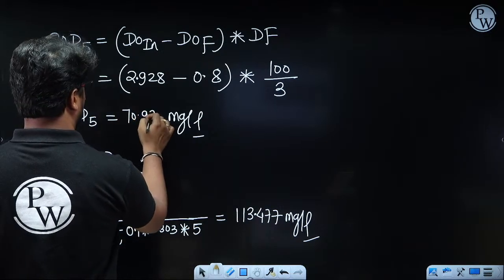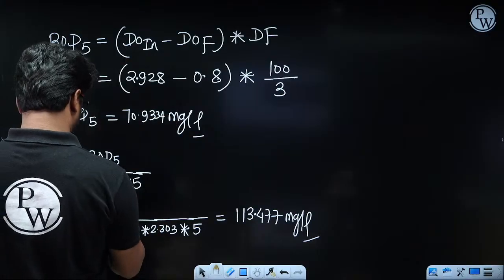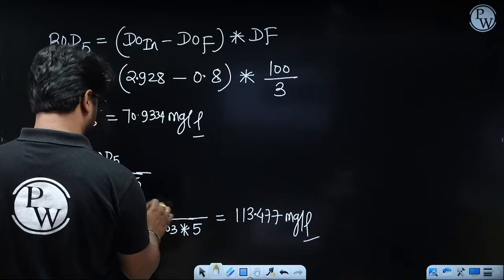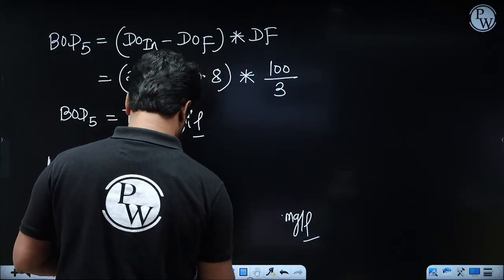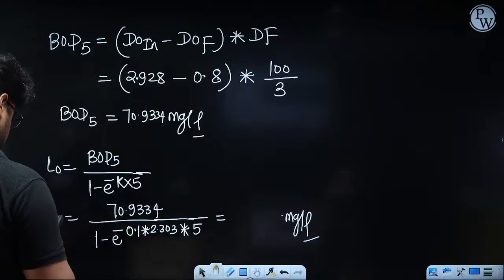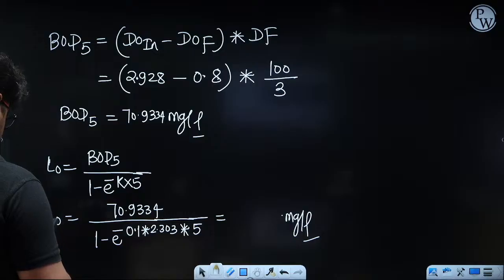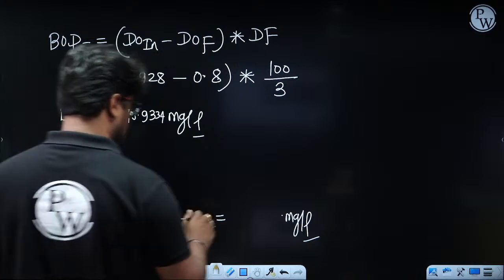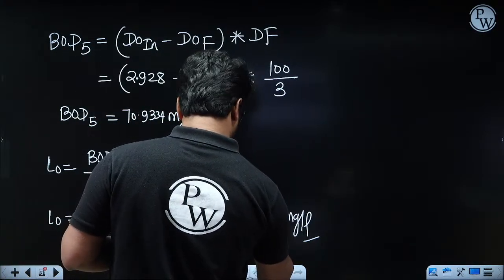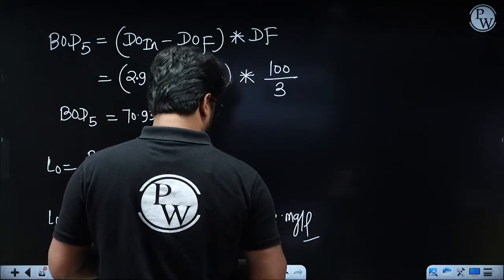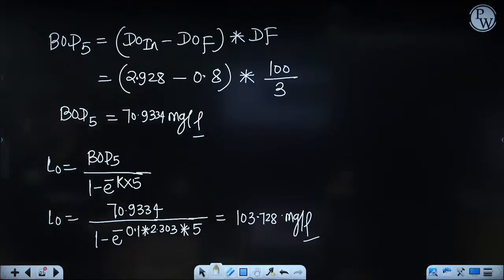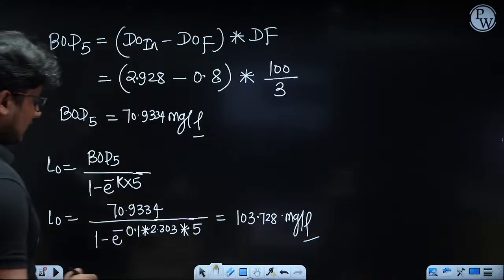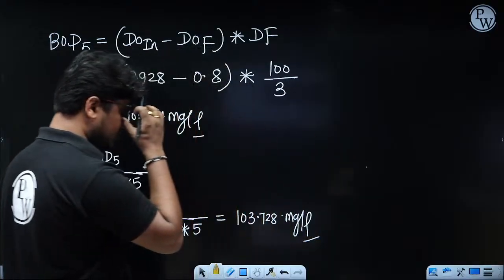So I'm getting 70.9334 for BOD 5, and the ultimate BOD is 103.728 milligram per liter.